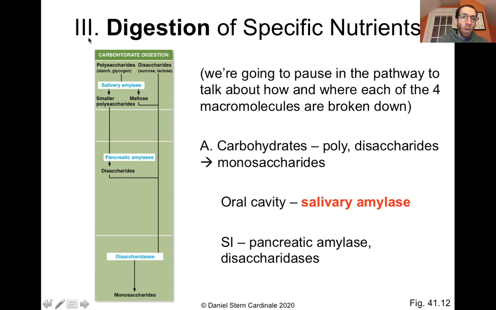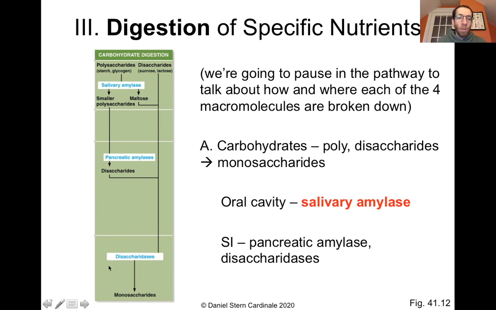The second thing I'll point out is how this figure works. On each of these slides, it's figure 41.12. So we're breaking up the digestive system by compartments. So we have mouth, stomach, and then both of these boxes represent the small intestine. It's just whether the enzymes are coming from the pancreas or the small intestine itself.